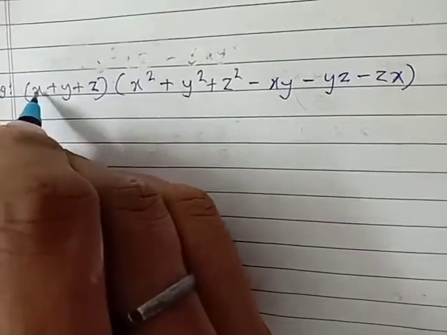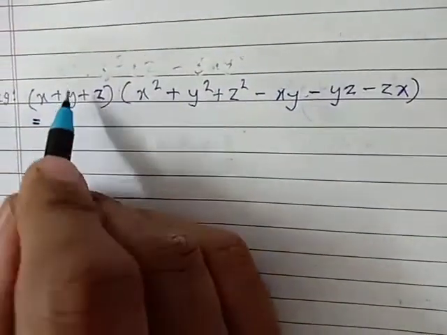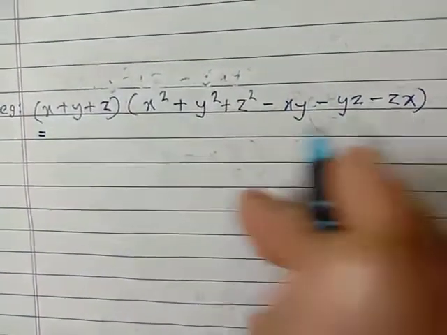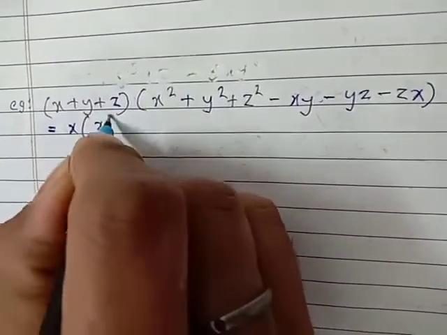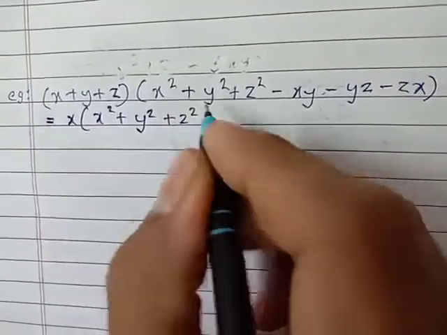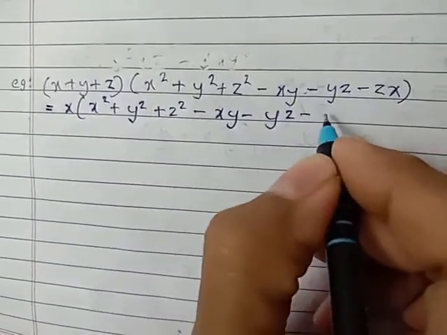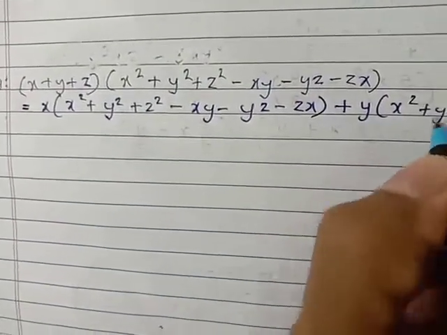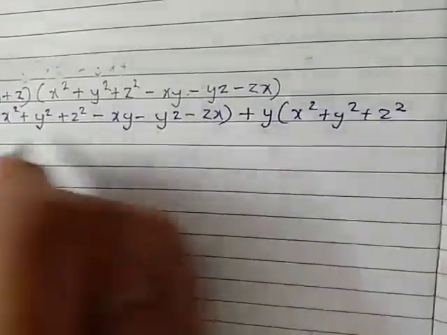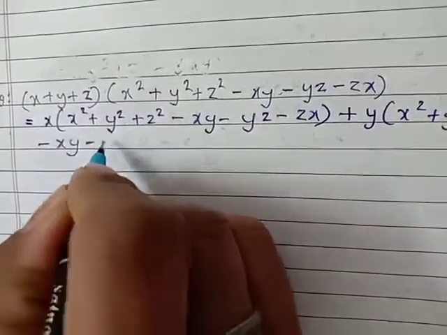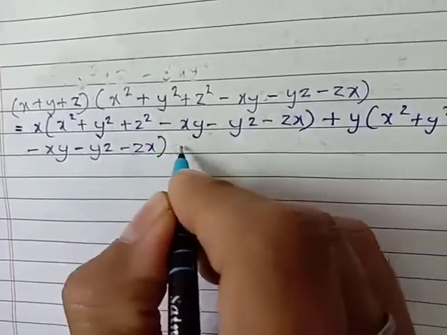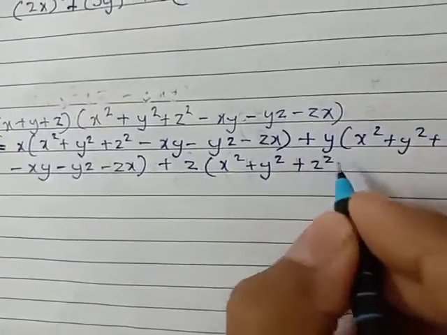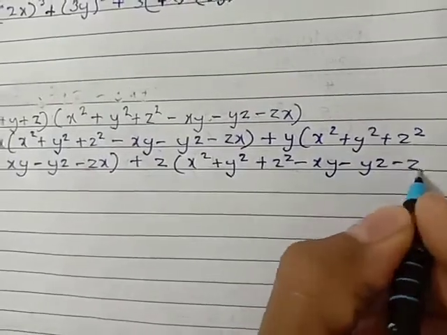You will multiply x with each and every term of this, then you will multiply y with each and every term of this, and z also has to be multiplied with each. So first let's do x. x into x square plus y square plus z square minus xy minus yz minus zx, plus, since it is plus over here, y into x square plus y square plus z square minus xy minus yz minus zx, and plus z into x square plus y square plus z square minus xy minus yz minus zx.